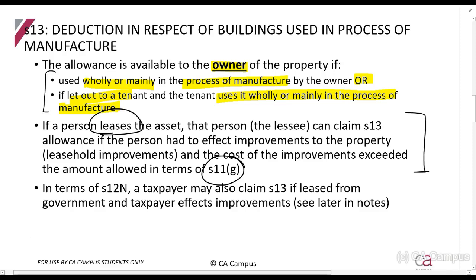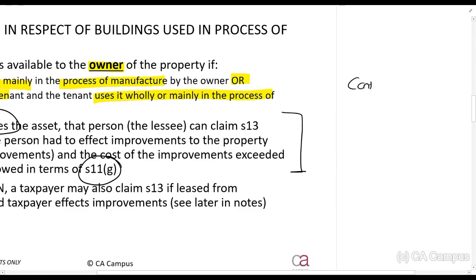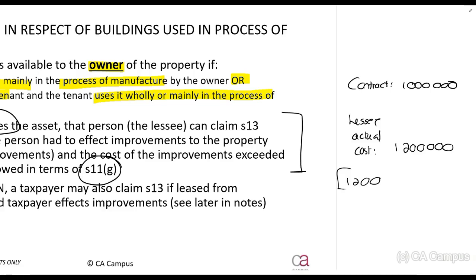But how that section works is it will tell you, let's say in the contract the lessee agreed to improve the property at a cost of R1,000,000, but the lessee's actual cost is 1.2 million rand. Then only the lower amount will qualify for this section 11G. The excess amount, 1.2 million minus R1,000,000, will qualify for your building allowance.